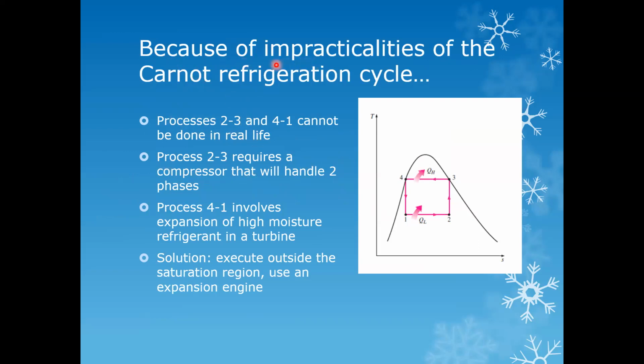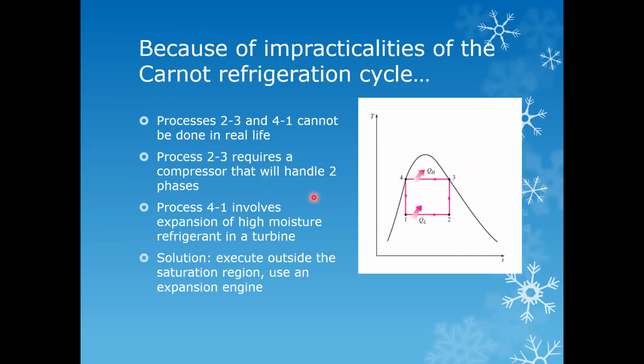So, what are the impracticalities of a Carnot refrigeration cycle? First, process 2 to 3 and 4 to 1 cannot happen in real life because they are reversible and isentropic. So the movement should actually be towards a higher entropy, slanted to the right.